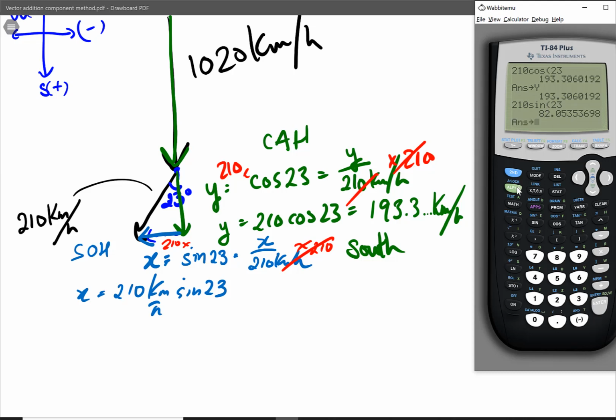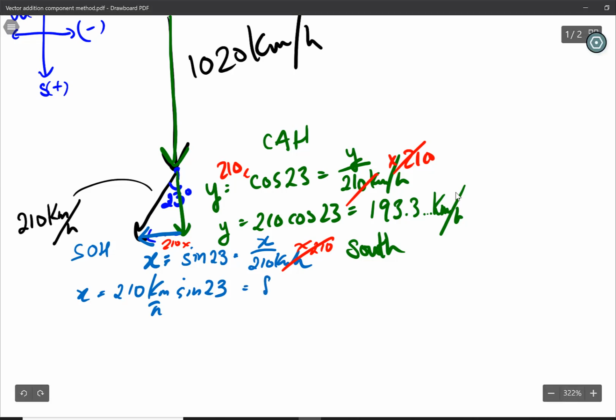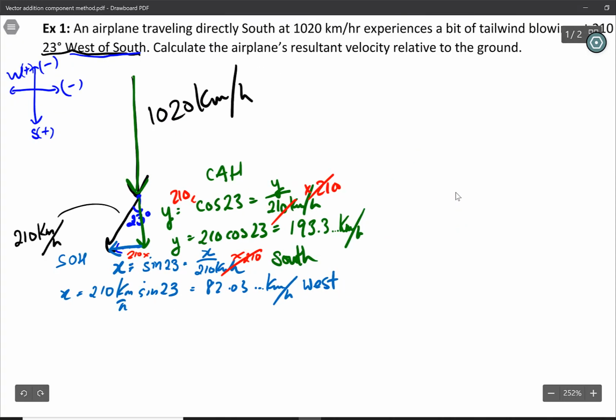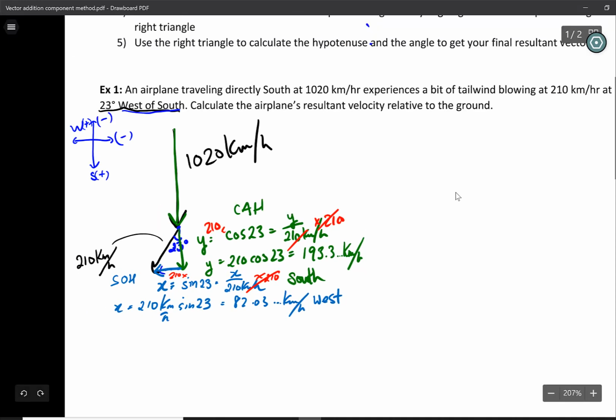I'm gonna store it as alpha x. To be honest, you can store it as any letter. I'm just using the same letters as we have in the question for our own convenience. So 82.05 kilometers an hour, and this is going west.